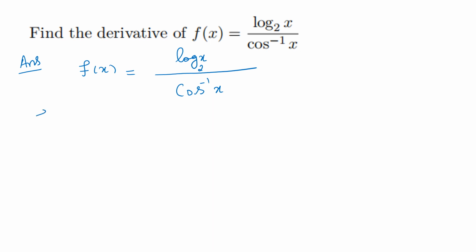So we have to apply the quotient rule. f dash of x equal to, first I am writing the denominator cosine inverse x square.